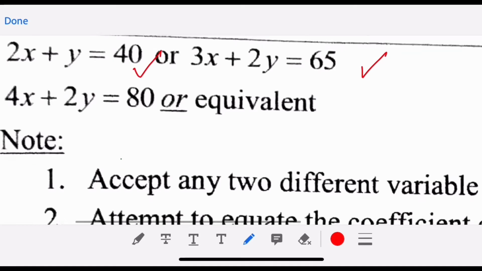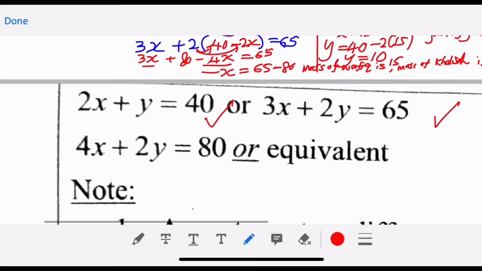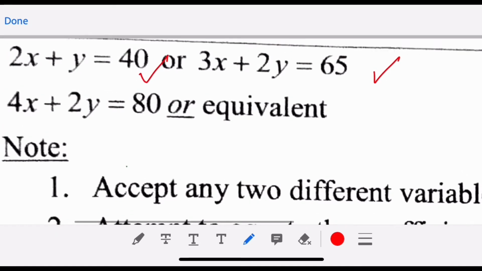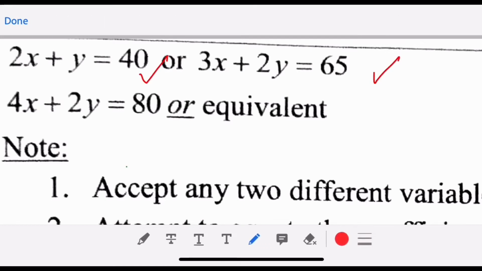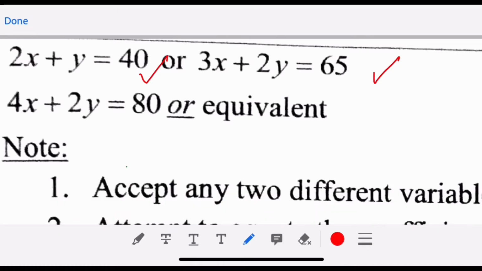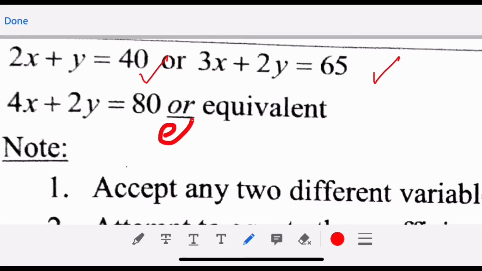Okay, accept any two different variables, that means you can use w to represent Wafid and you can use k to represent Kalish, and then you have to solve the equation by using either substitution or elimination, up to you. So please make sure you are aware how to solve using elimination.